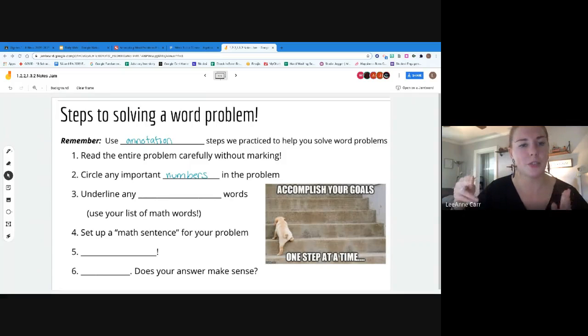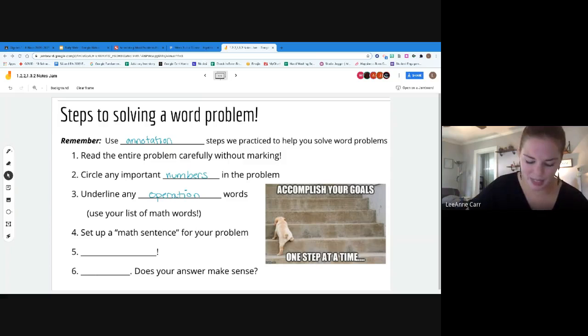That's okay, just as long as you understand what each step you're supposed to do. Right? So we're circling any important numbers. Then we are going to underline any operation words. So anything that would indicate adding, subtracting, multiplying, dividing, we are going to underline in our problem.